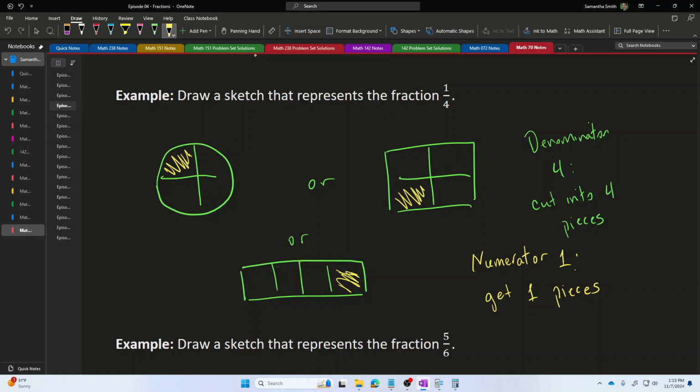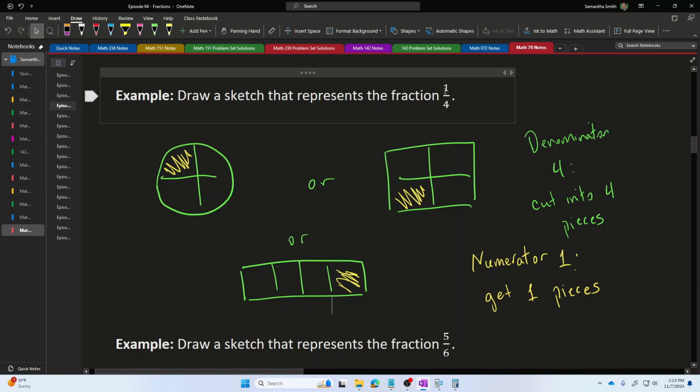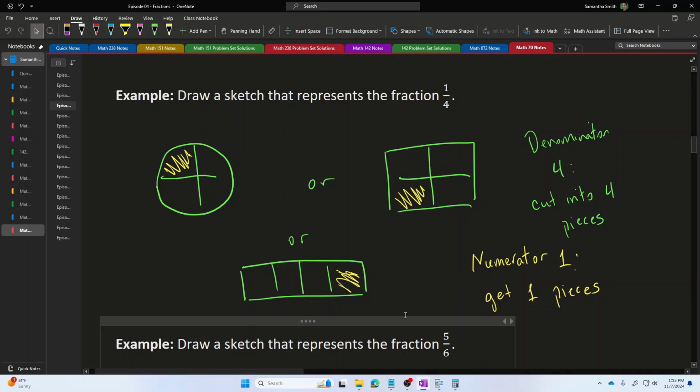And that makes sense, because if I have one pizza, and I'm trying to divide that among 4 people, then I could cut that pizza into 4 pieces and give each person one of those 4 pieces, and that would be a way to divide the pizza evenly among those 4 people. One piece from 4 pieces, 1 out of 4.